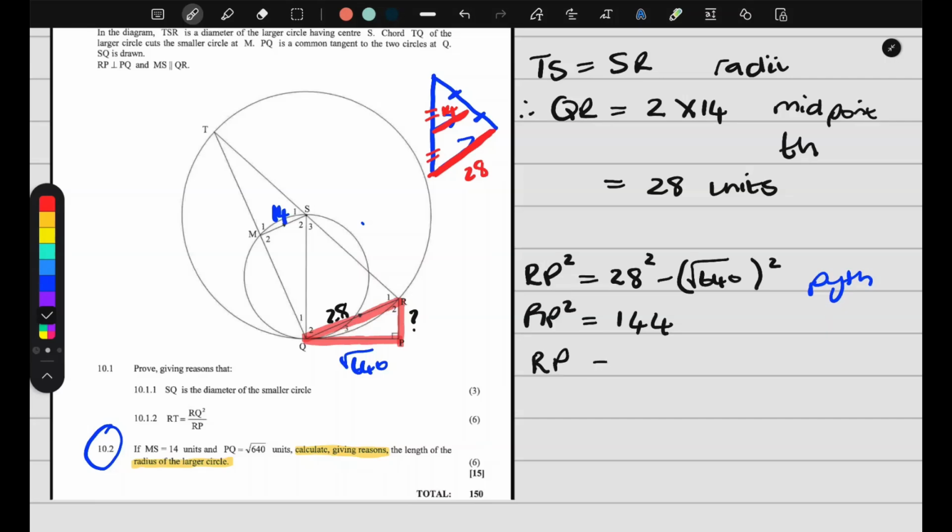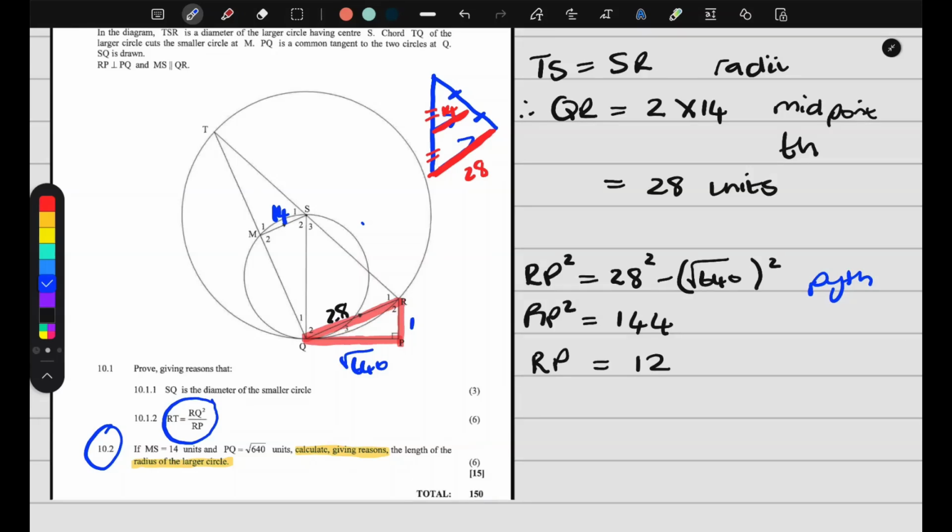That means RP is 12 units. Okay, then I can go put this in as 12 units over there. Okay, so because I'm stuck, I'm going to go to the previous information. So do you remember we proved this over here? So in the previous question, we proved that RT is that expression, RQ squared over RP.